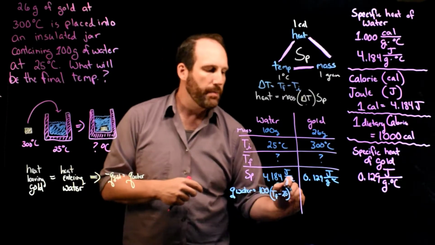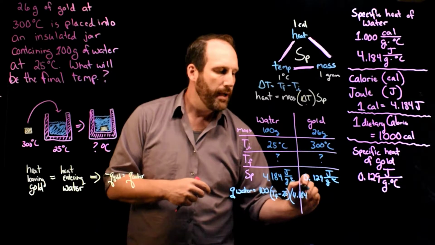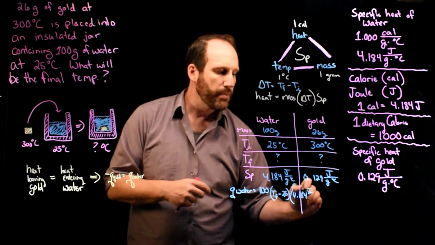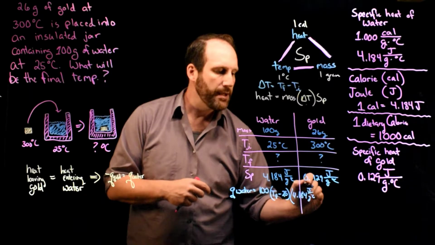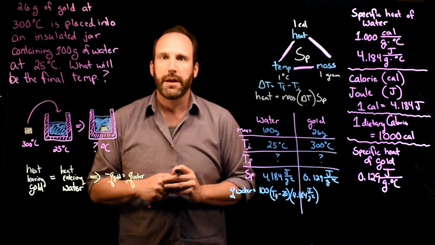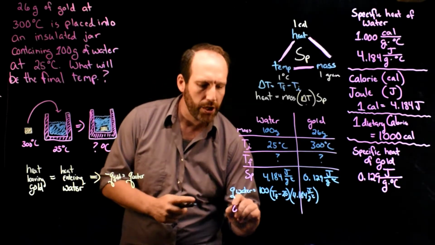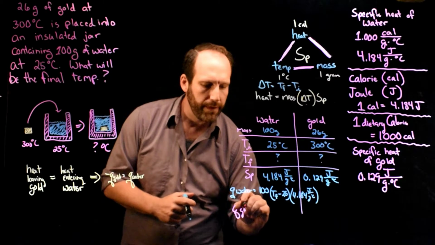And then we can multiply that by 4.184 joules per gram degrees Celsius. And of course, these temperatures should be in degrees Celsius.